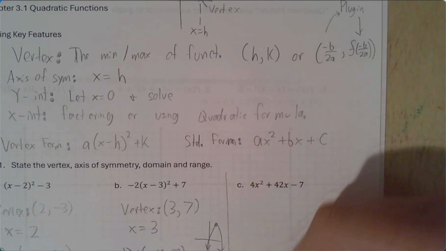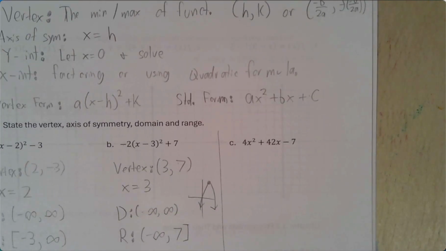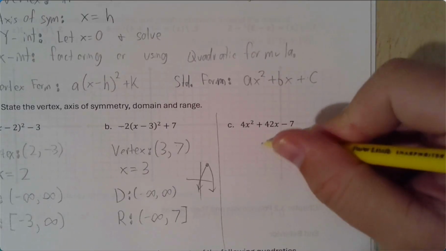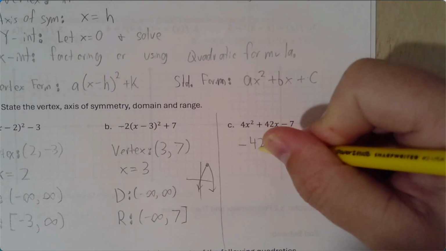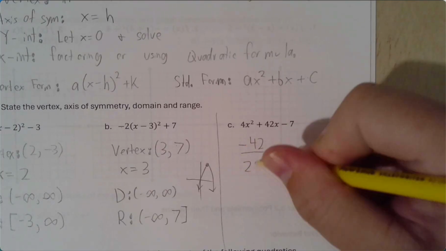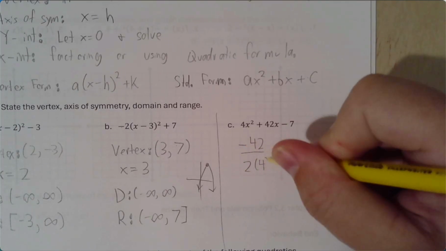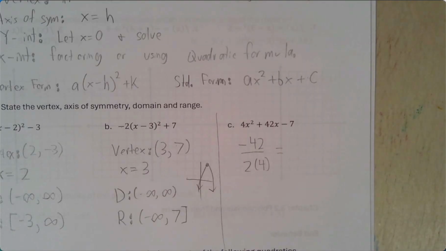So this one's going to be a little bit different and take a little bit longer to get there, but let's try that out. So -b would be -42 over 2 times a. And you know what? I'm now realizing that that is going to not work out nicely because I chose 42.